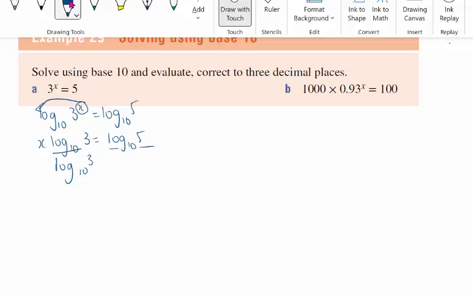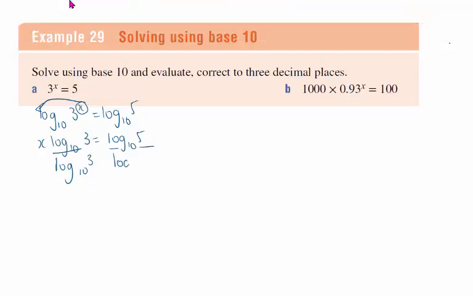Okay, so you've divided by log base 10 of 3 on the left hand side, so whatever you do to one side you must do the other. So you're left with, because that's 1 and that's 1, x on the left hand side, and then we've got log base 10 of 5 divided by log base 10 of 3.